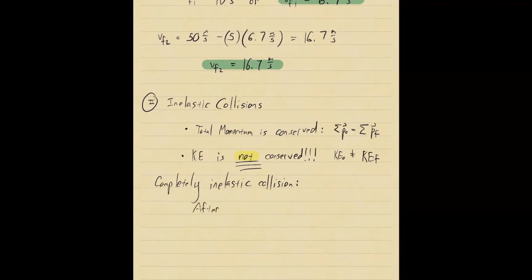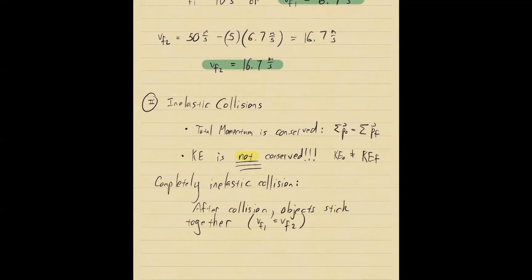So after the collision, our objects stick together. And if our objects stick together, that means their final velocities have to be the same because they're moving together at the same speed. So the final velocity for our first object is equal to the final velocity of our second object.